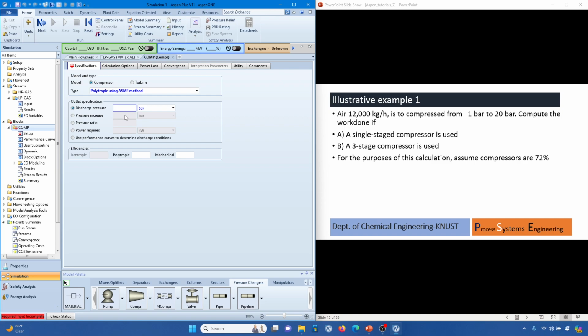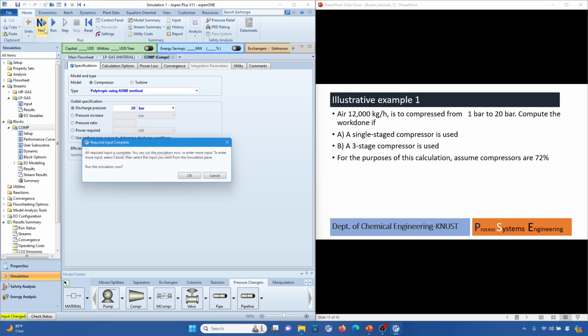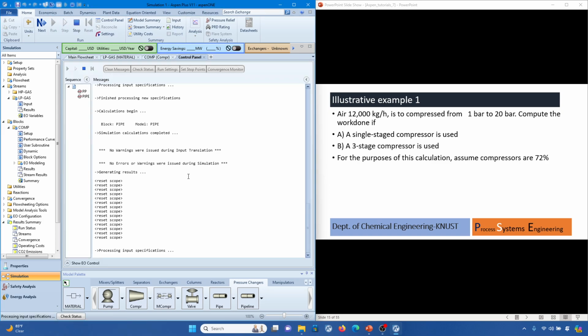We specify a discharge pressure and the efficiency is 0.72. If that's done, we should be able to run the simulation.